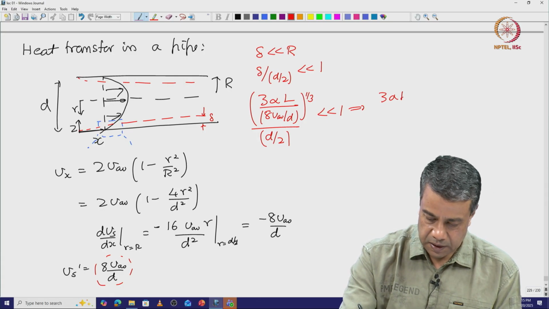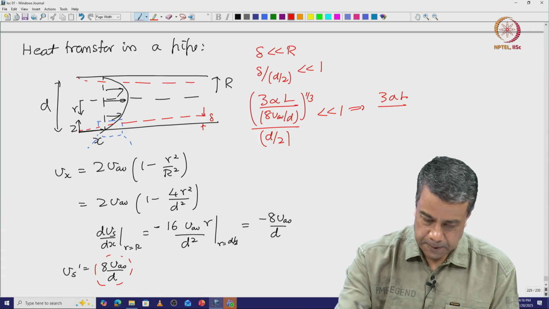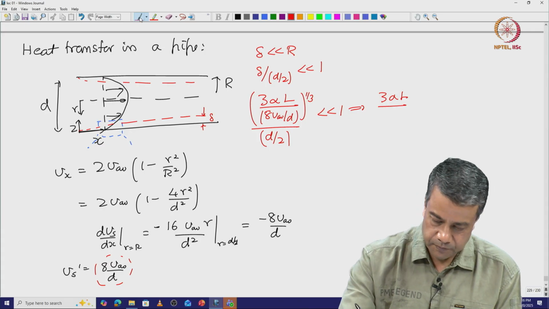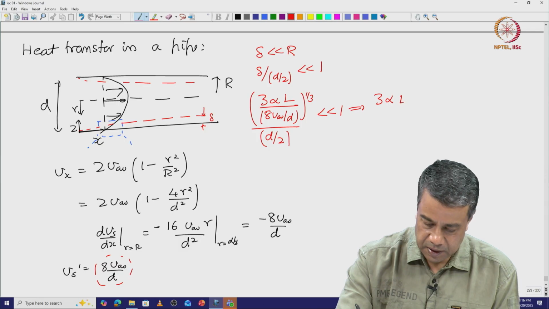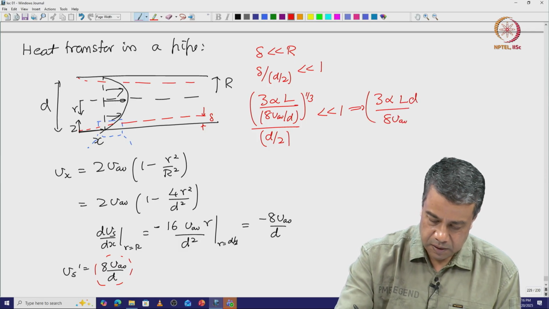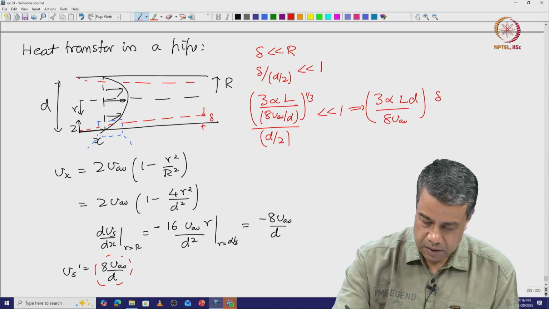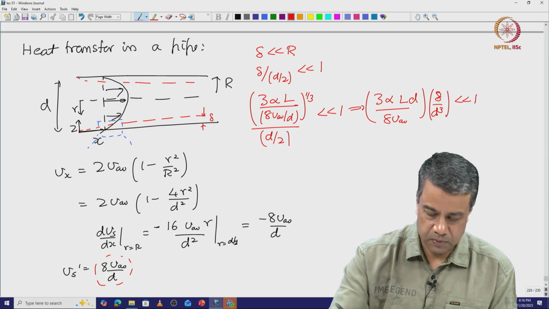So 3 alpha L d by 8 V average into 8 by d cubed has to be much smaller than 1.